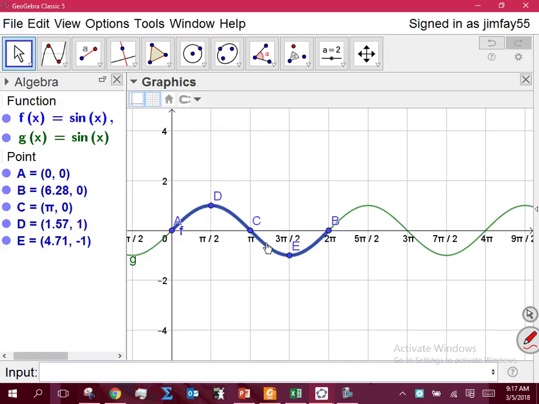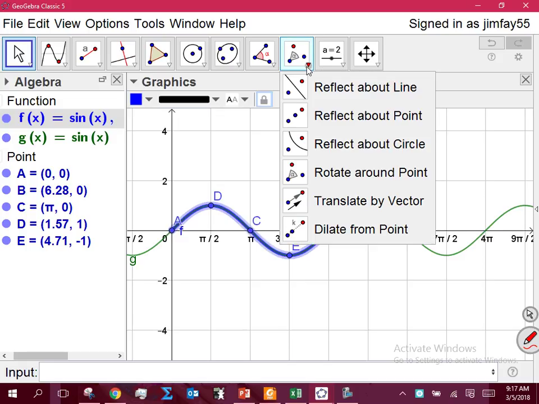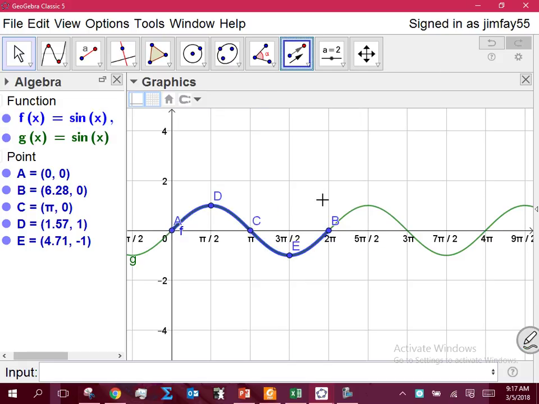And then the rest of them are just, would you agree that if I cut and pasted that thing, let's see if I can do this. Let's say, translate by a vector.